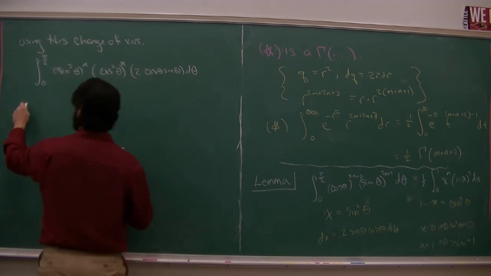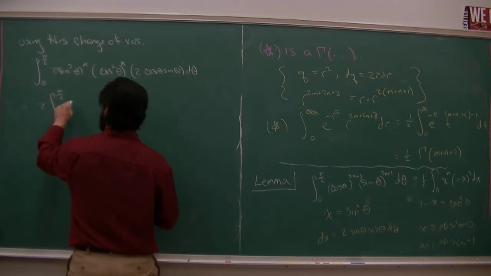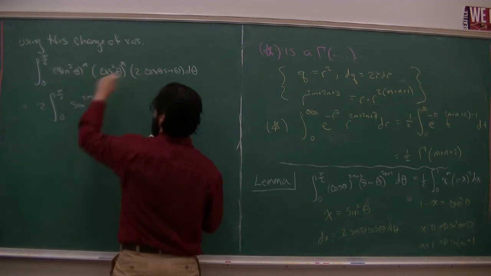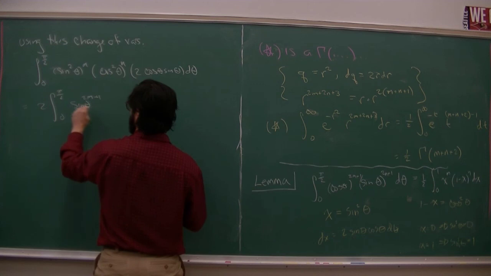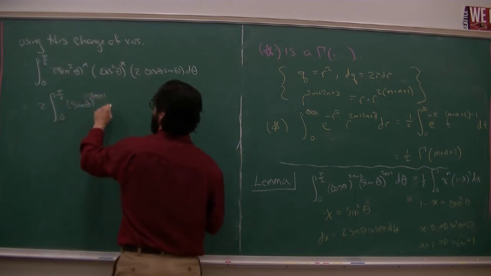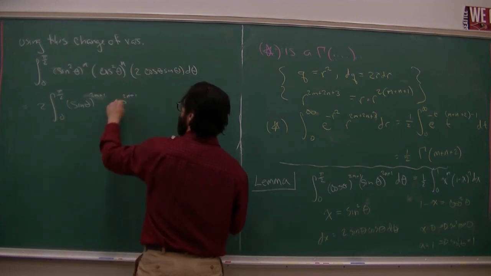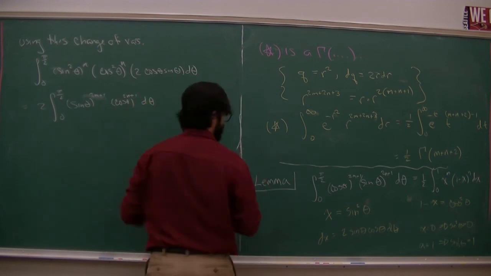So sine to the 2m plus 1, and then cosine to the 2n plus 1 theta.